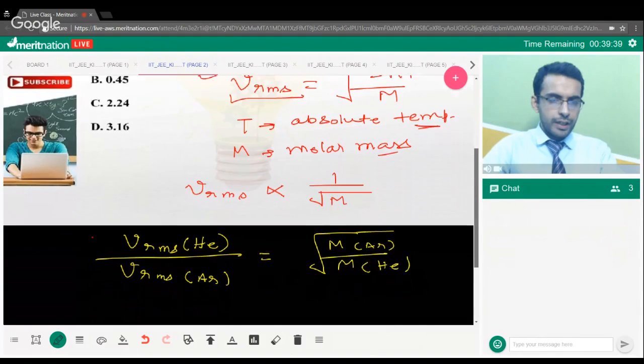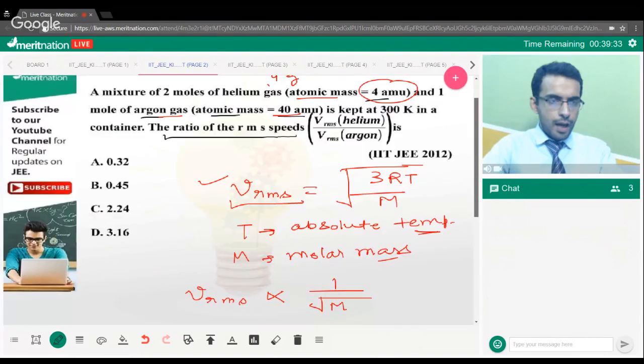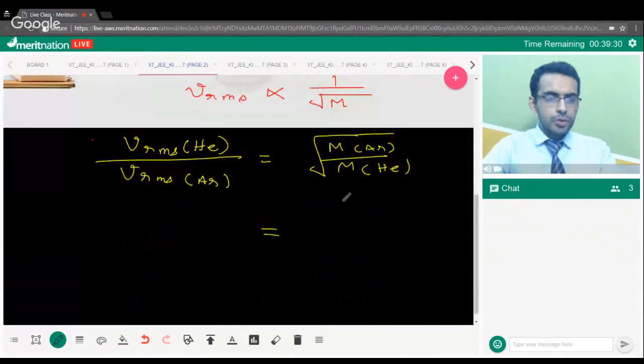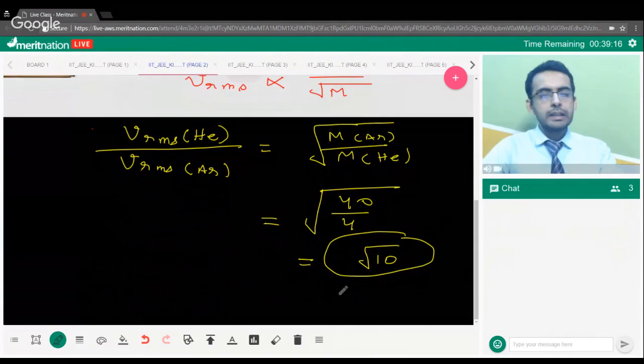For argon the mass is 40 AMU, so it's square root of 40 over 4, and that's equal to under root of 10. If you calculate the value, it's approximately about 3.